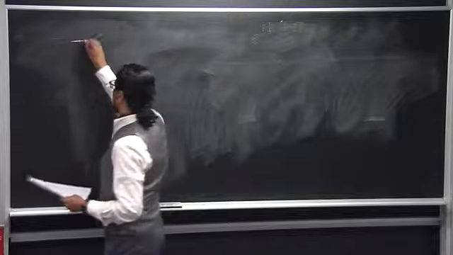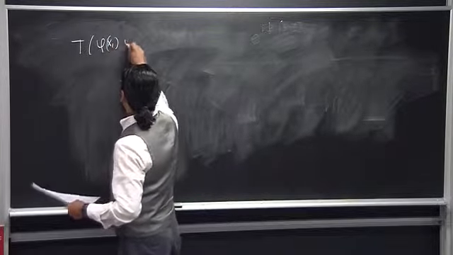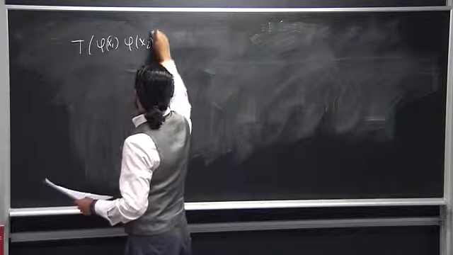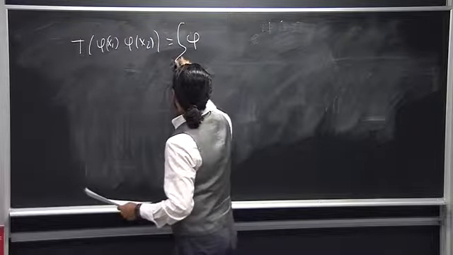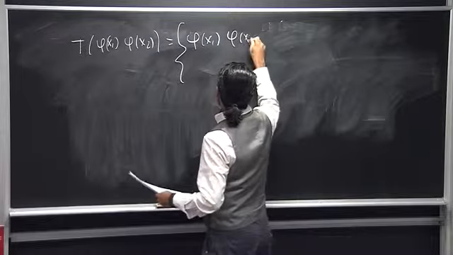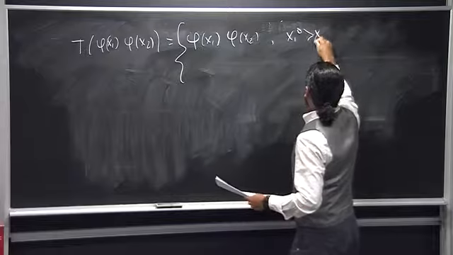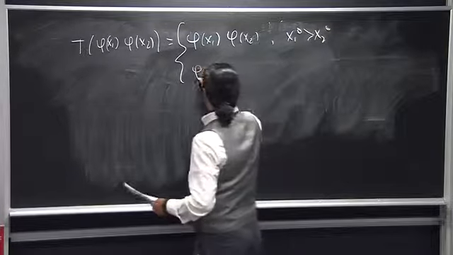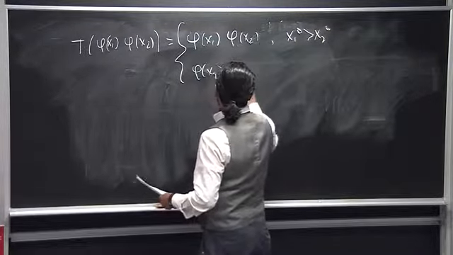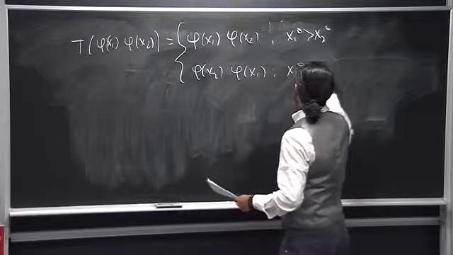But recall that time ordering for bosons meant phi of x1, phi of x2, if x1 0 was greater than x2 0, and phi of x2, phi of x1 if x2 0 was greater than x1 0.